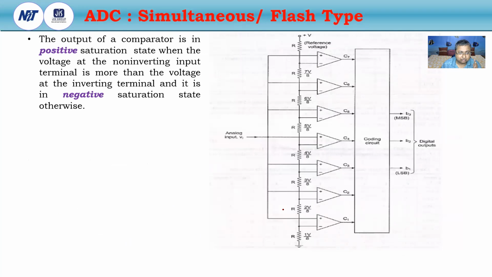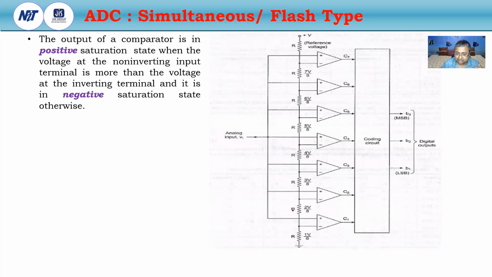First, the output of a comparator is in positive saturation state. Positive saturation means it will be at logic high when the input analog signal is greater than the reference voltage of the comparator. This is a non-inverting type of comparator.